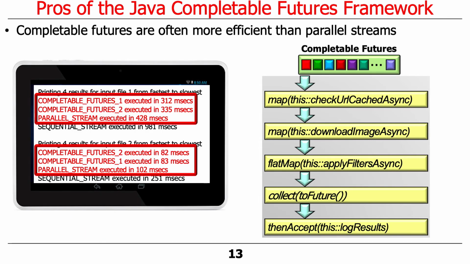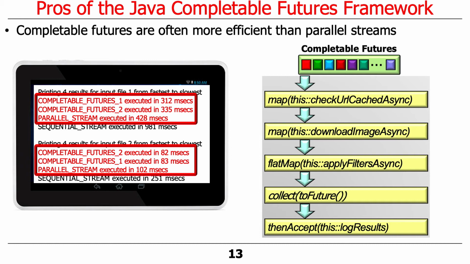Another big win is that Completable Futures are often more efficient than Parallel Streams. Almost always the case. With our image stream gang program, if you were to run it and experiment with how it behaves, you would see that Completable Future implementations typically run faster than the Parallel Stream one. The main reason is that there's just less mechanism going on in the Completable Futures framework.